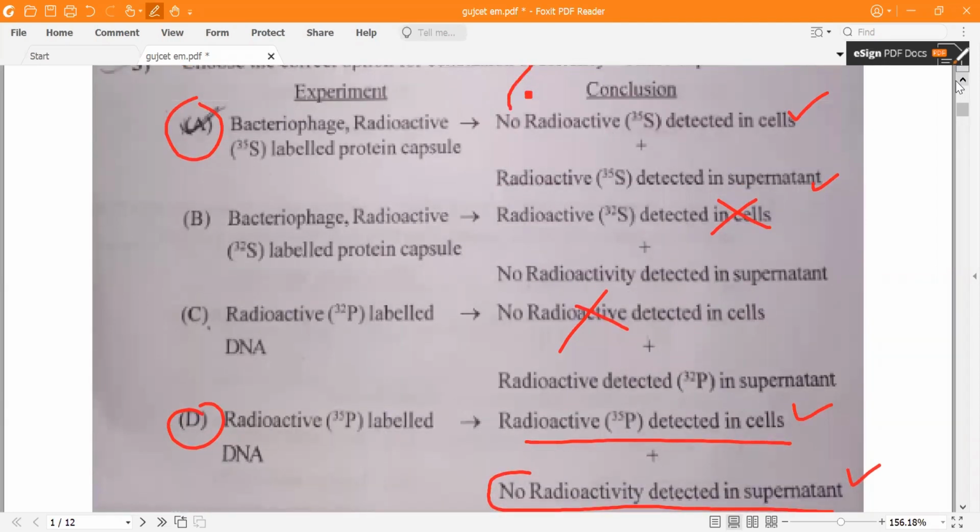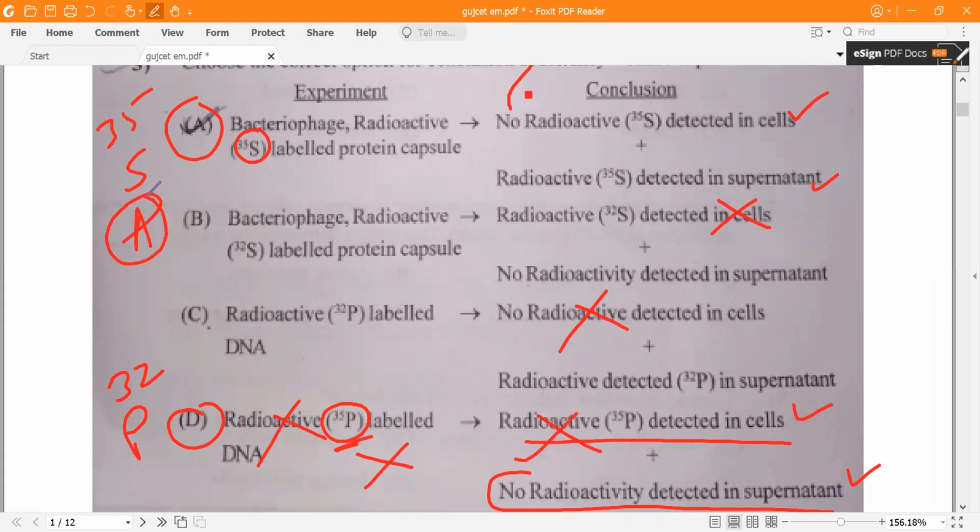Both are true, then how can we choose? See, look over here, beta. This is where the answer is. Phosphorus is 32 and sulfur is 35. Here they have mentioned 35, so this is incorrect. So A is correct. Got it, beta?